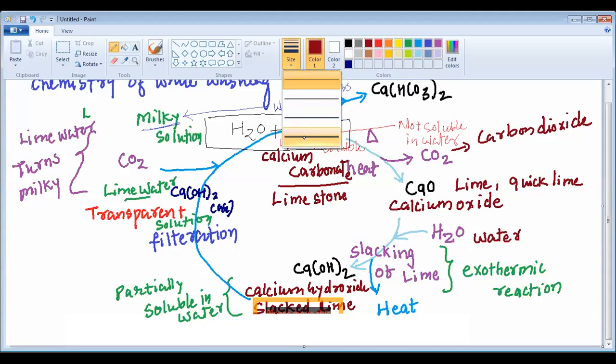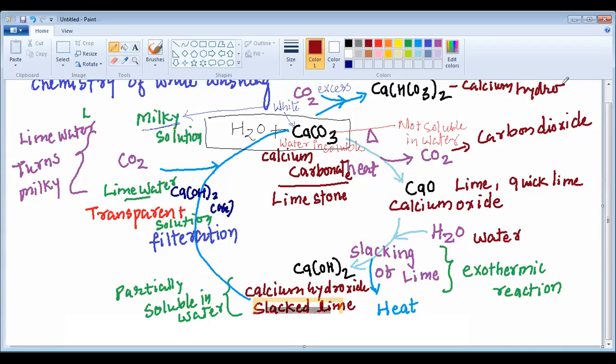The new substance formed is known as calcium hydrogen carbonate. My dear students, this calcium hydrogen carbonate is actually a water soluble substance.